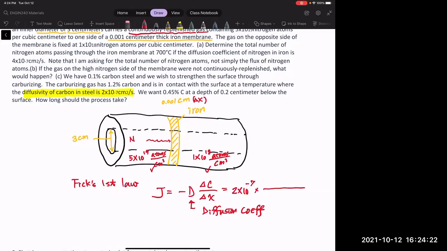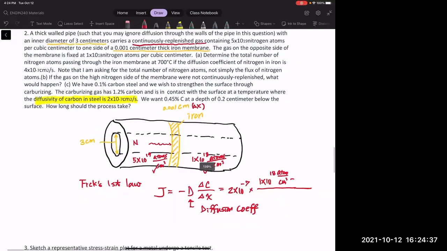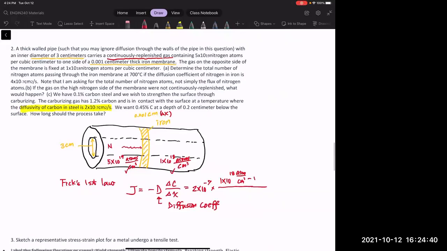The change of C is going to be the later one minus the previous one, which is 1 times 10 to the 18 atoms per cubic centimeter minus 5 times 10 to the 19 atoms divided by cubic centimeter, and divide by the change of the distance, which is the thickness, that's 0.001 centimeter. The unit for D here is given as centimeter squared divided by second.